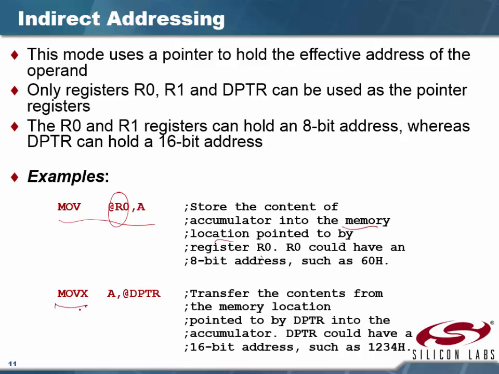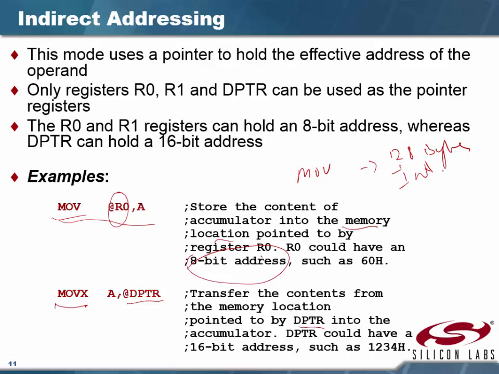Here we have a move X. Move X is talking to that 64K location that we can use, of which 4K is on the chip. Therefore we have to supply the 16-bit address, so we store that address in the data pointer, which is a 16-bit location. R0 is only 8 bits, but since this is a move, the move uses the 128 bytes internal.